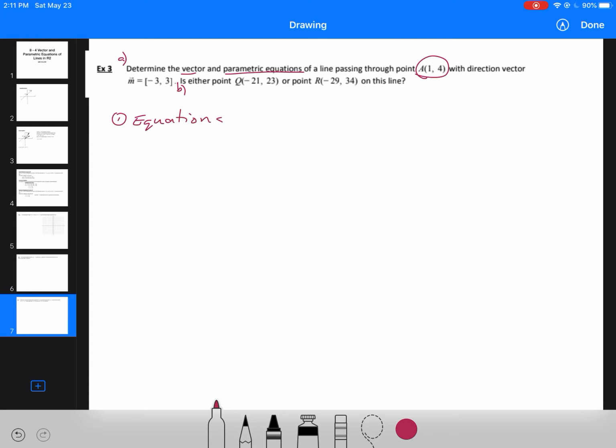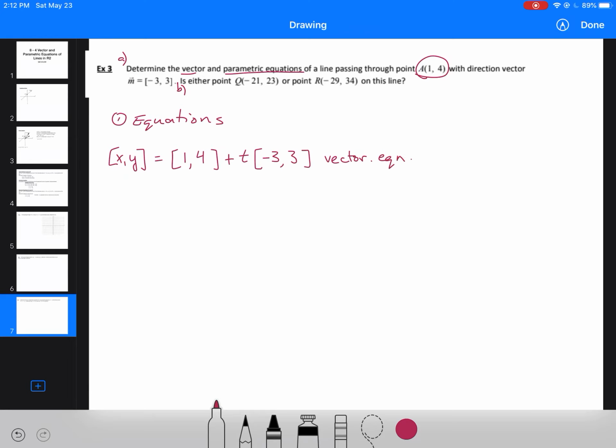So to do our equations, we're going to start off by setting up our vector equation. So (x, y) equals our position vector or our point, (1, 4), plus t times our direction vector. Now, we can expand this, so let's label it. So vector equation.